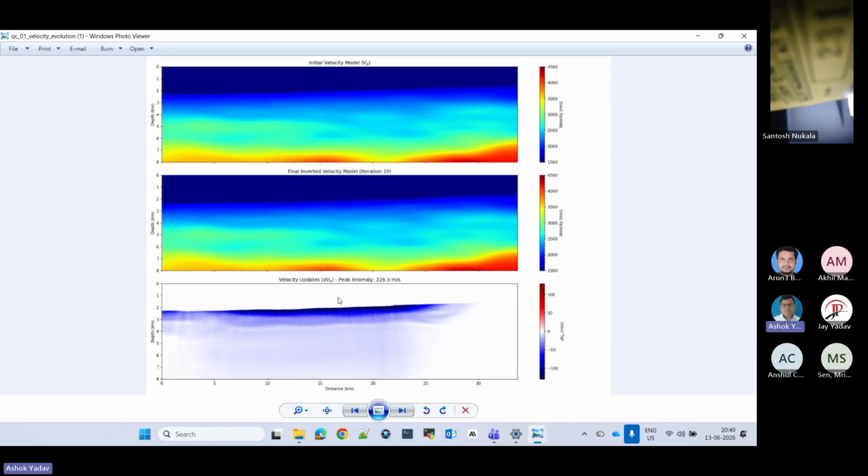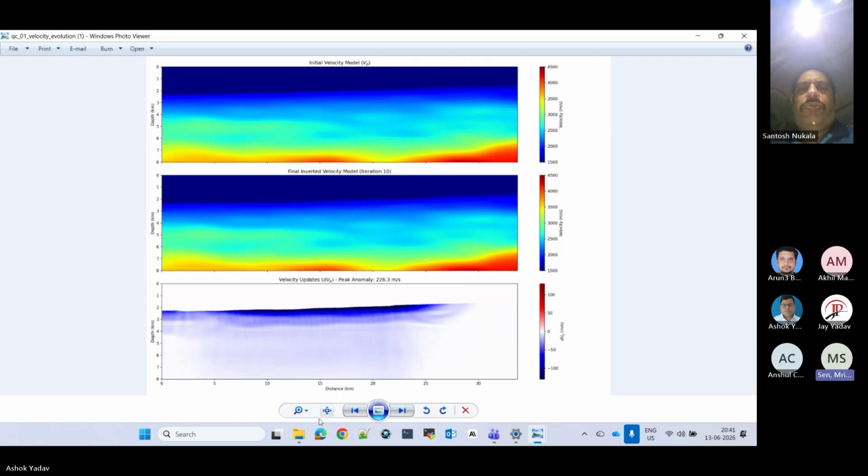But when I started with the L2 norm, I somehow could not propagate my updates down below. It was just sitting just below the water bottom. Then I switched to phase correlation, and when I switched to phase, I could see the updates down below.